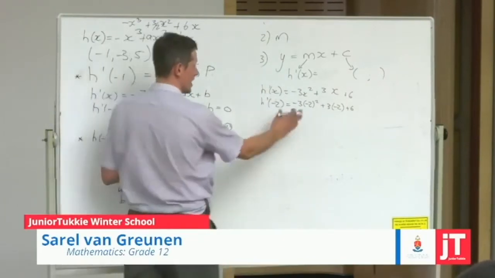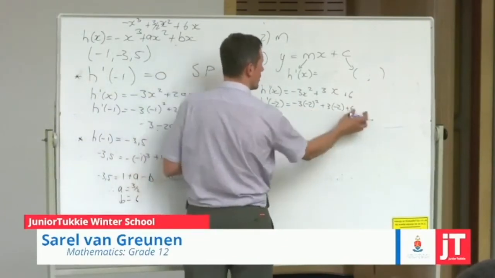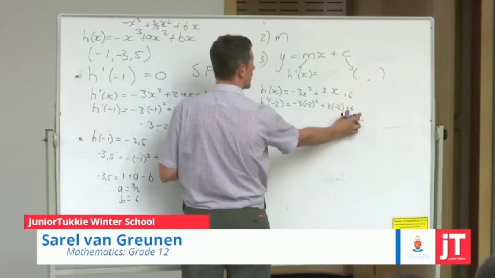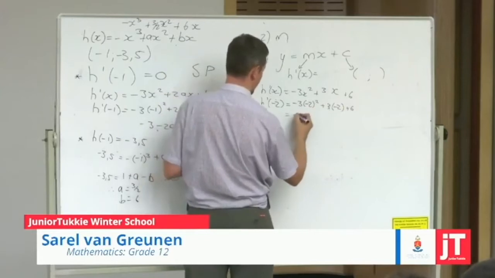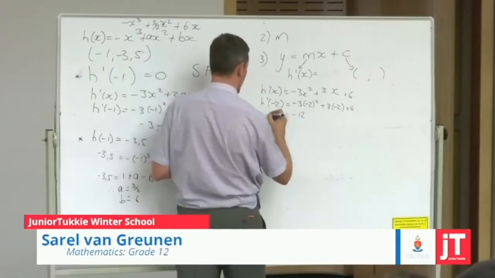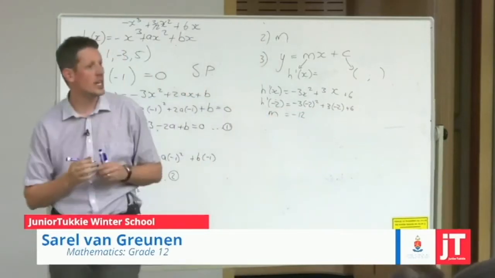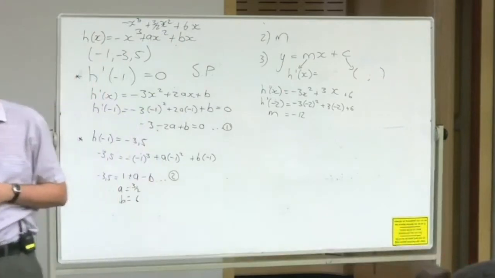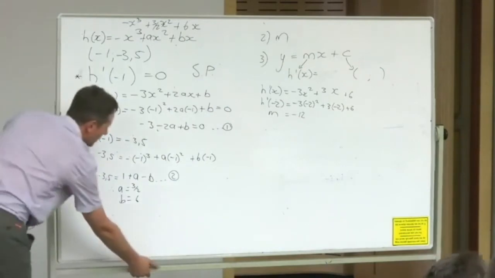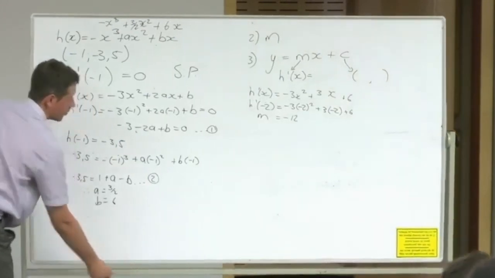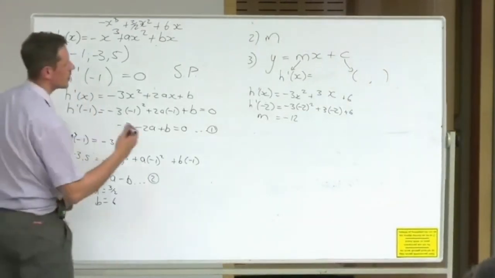So this gives me negative 12 plus 6 is negative 6 minus, so this again is minus 12. And that is my gradient. Okay, I'm glad to see some high fives and not some sucker punches. So I'm just going to move that a bit like that.